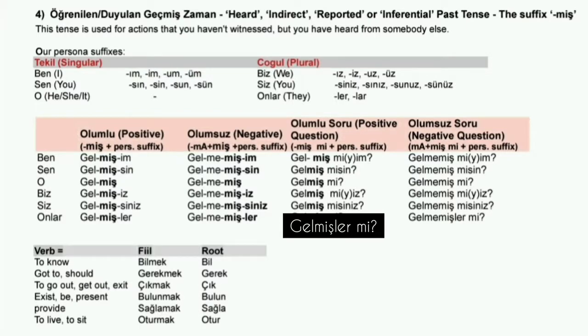O gelmemiş mi? For example, you're expecting a post and you ask your wife to check the post box and she checked and you're asking, posta gelmemiş mi? Because you have seen she has nothing in her hand, you're asking, posta gelmemiş mi?